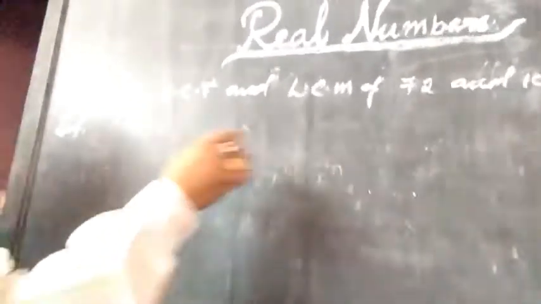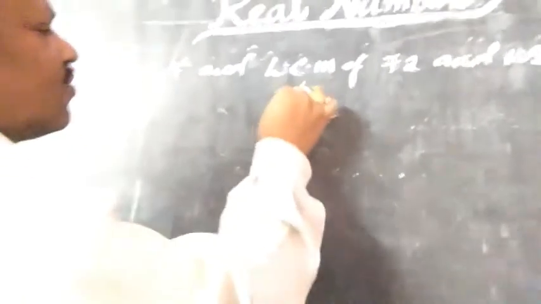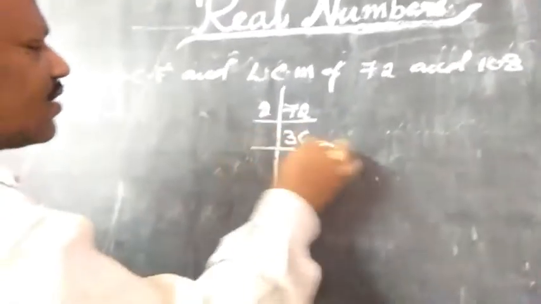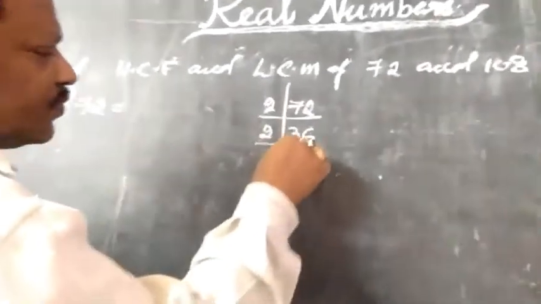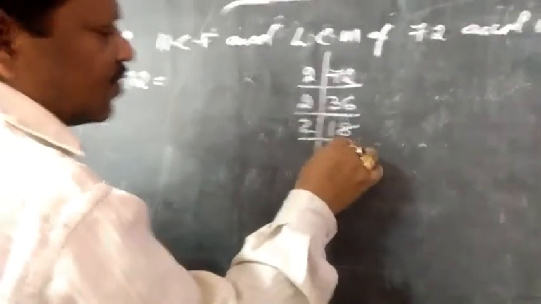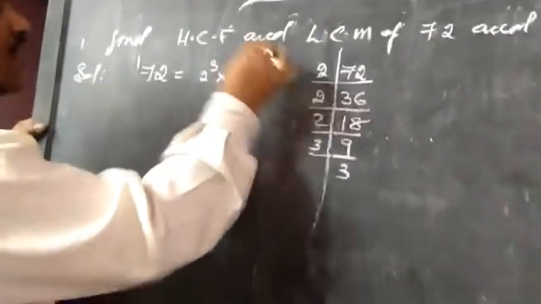72 is equal to, what are the factors of 72? 2 threes are 6, 2 sixes are 12, 2 nines are 18, 3 threes are 9. So the factors are 2 cube into 3 square.